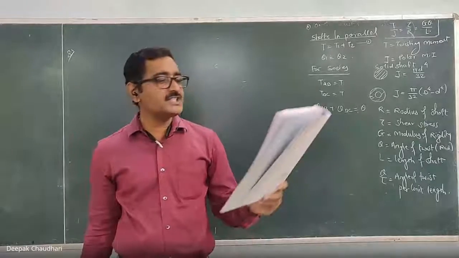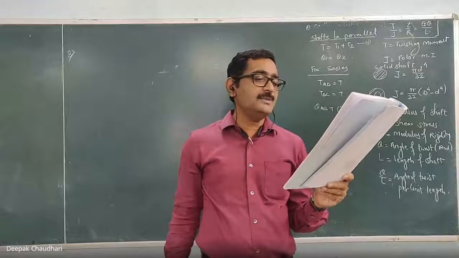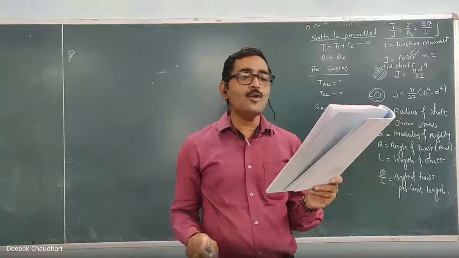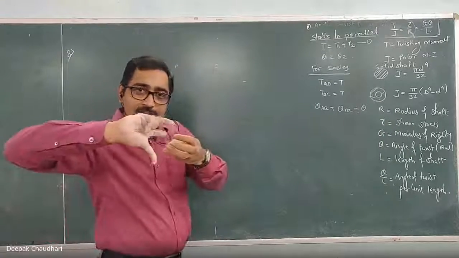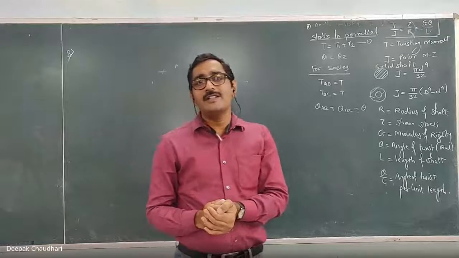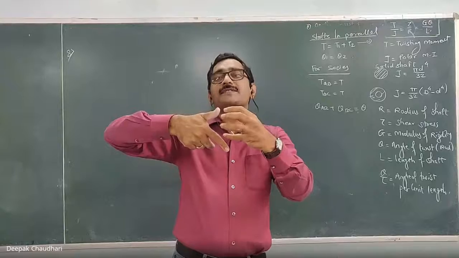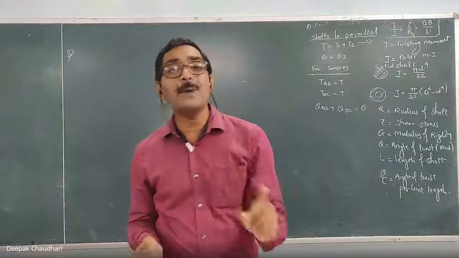A composite shaft consists of a steel rod of 60 mm diameter enclosed within a brass tube closely fitting over the steel rod. So the brass tube is closely fitted over the steel rod, which means one shaft is overlapped on the other shaft. This connection is shafts in parallel.